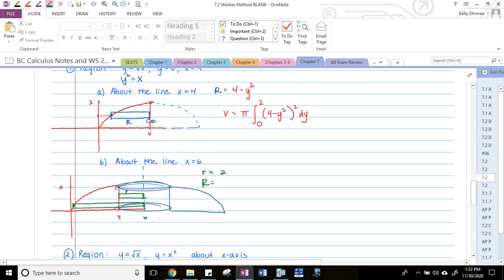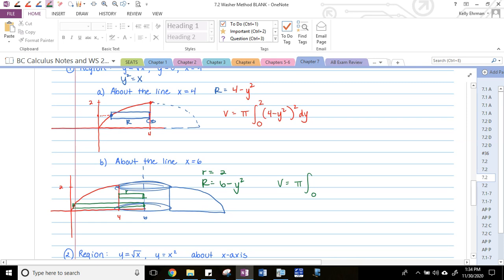Capital R, right minus left, is 6 minus just y squared, because we're going right minus left, and the left side that I hit there is the y squared curve. Okay? And then my volume is equal to pi times the integral from 0 to, now we don't have to figure out when we hit 6, because remember the top of this curve is when y is 2.